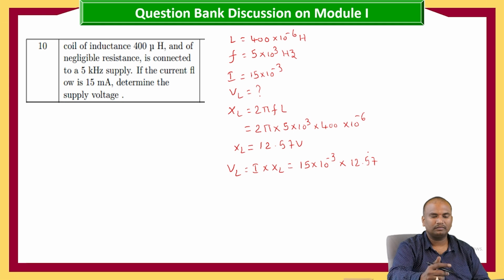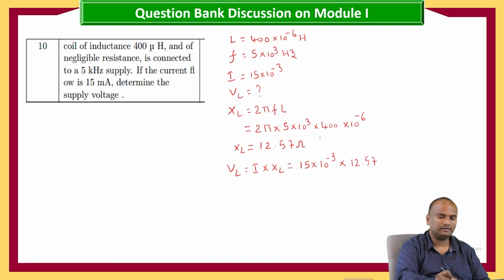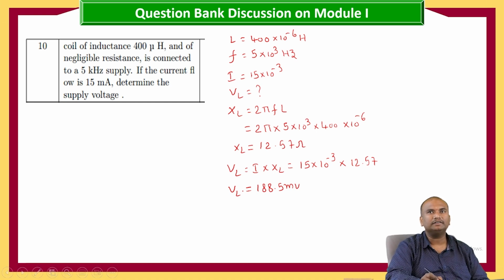The units of reactance is ohms. So 15 into 10 to the power of minus 3 into 12.57 is equal to 188.5 millivolts. This is the voltage across the inductor.